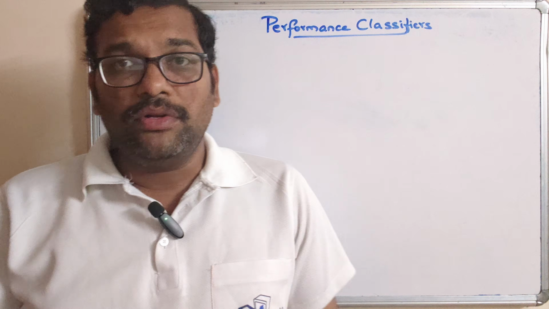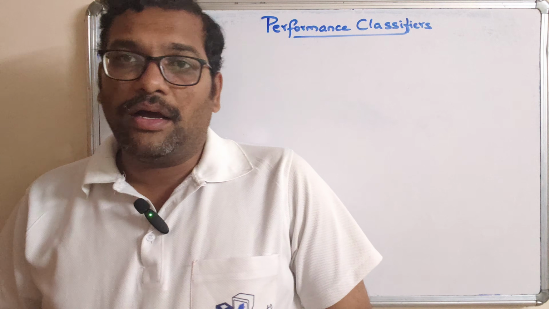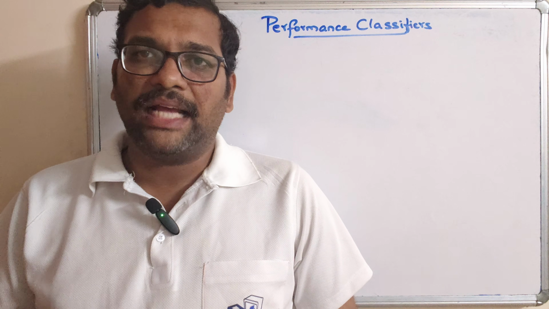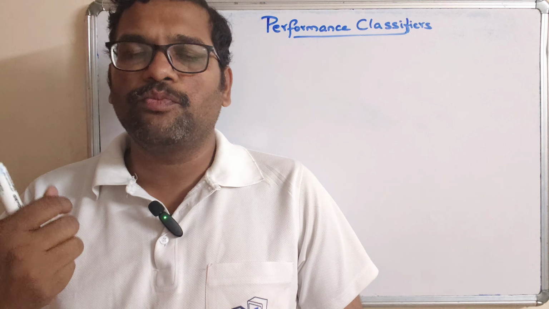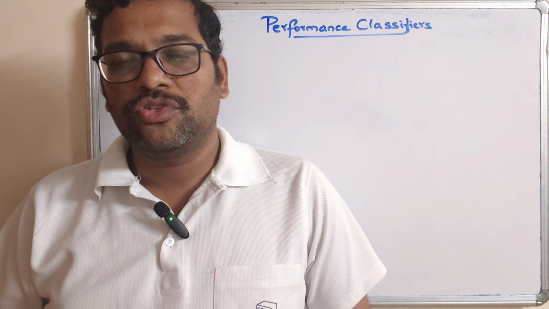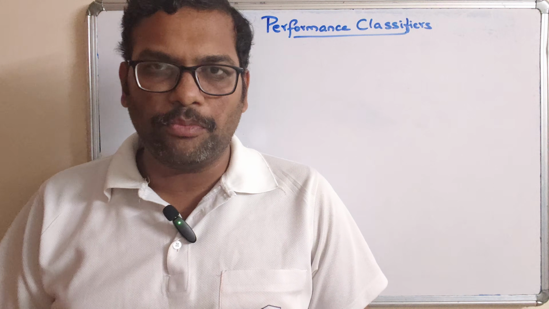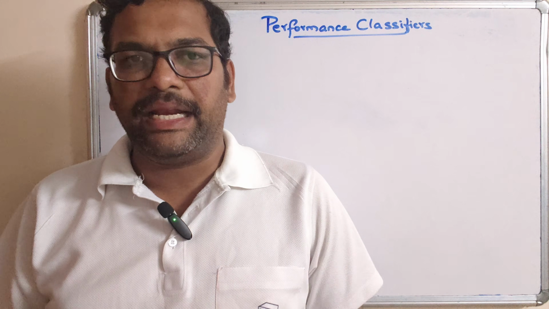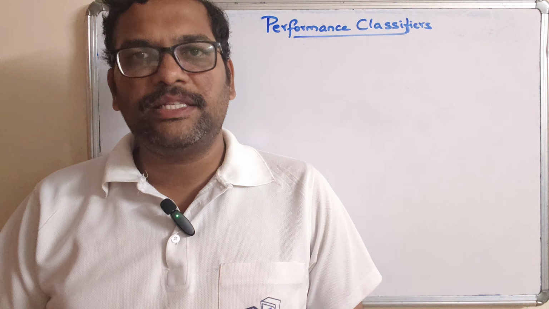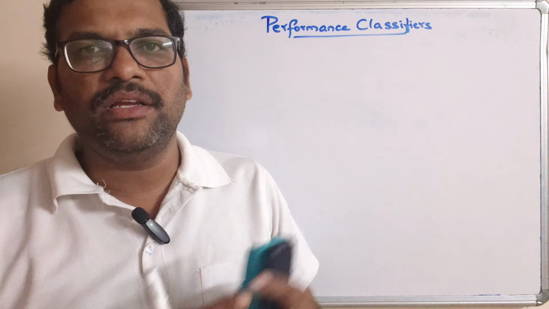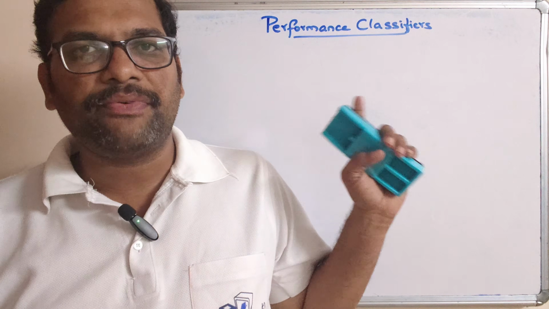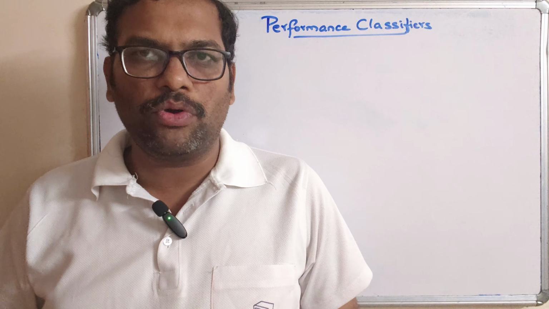Here the question is, how far the classifier model was working correctly. In order to evaluate the performance of the classification model, there are different metrics, and these metrics are used to calculate the performance of any classification model.